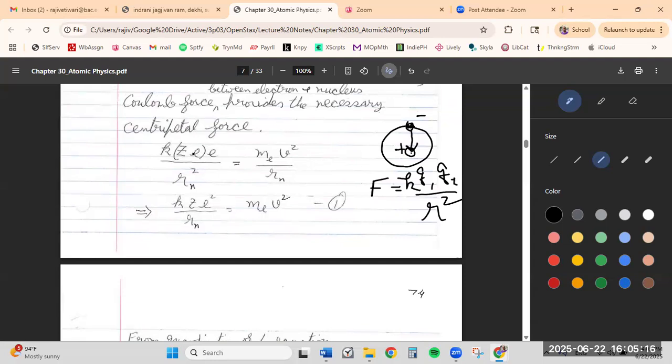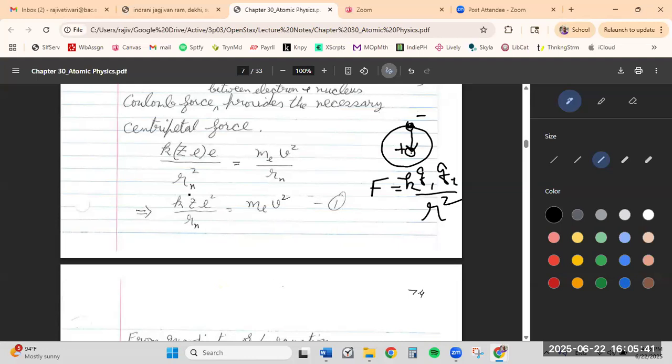As far as the charge is concerned here, we have Z protons in the nucleus. So the charge of the nucleus is Z times the elementary charge. Charge of a proton or an electron is e. The other charge, which is the electron in the orbit, is just e, the elementary charge.